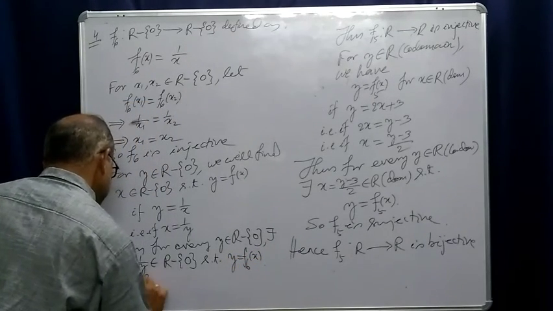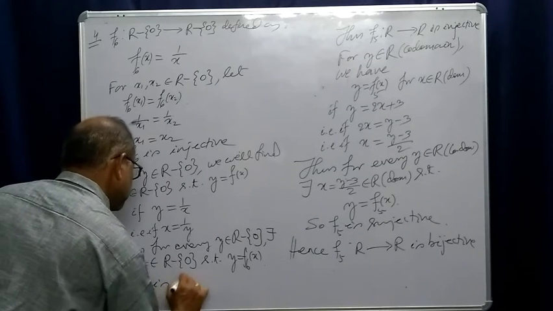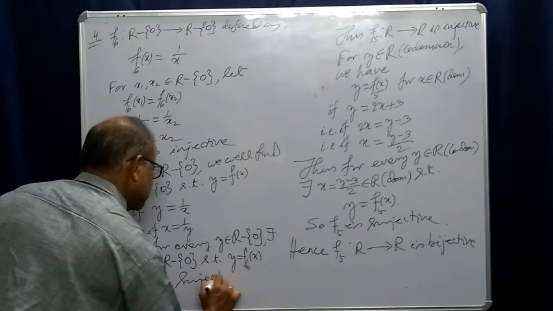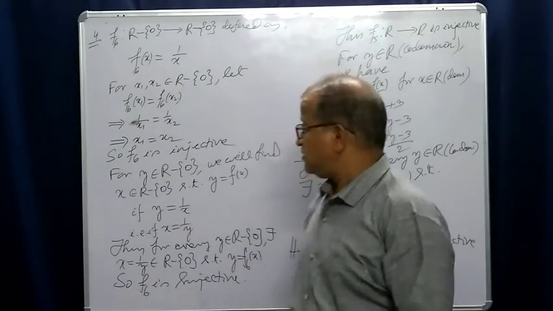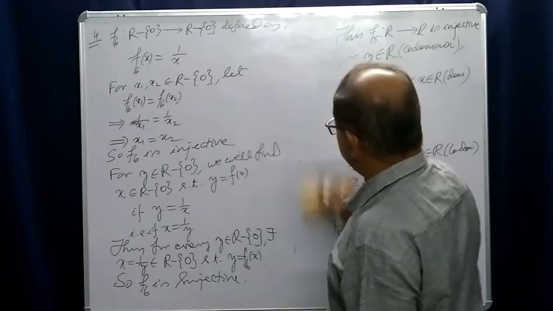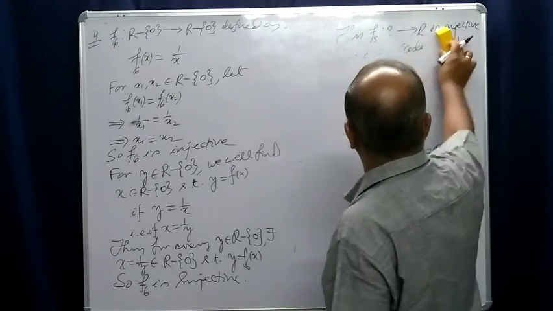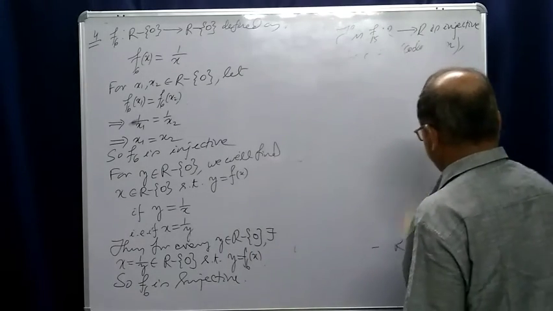So f6 is surjective. This function is surjective, right? So thus the given function f6 is bijective.